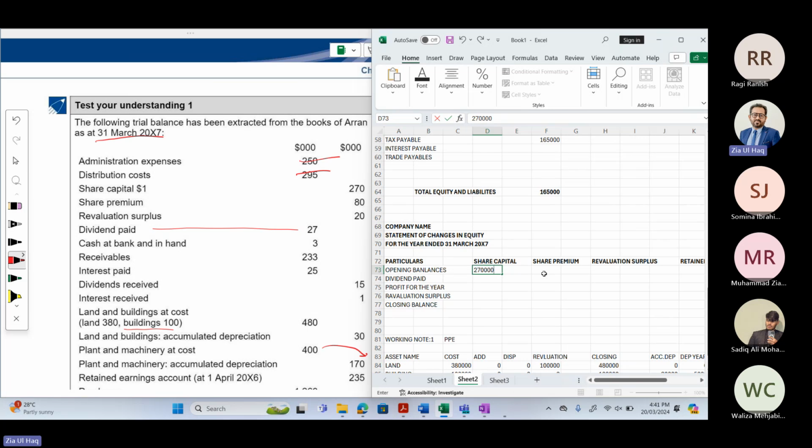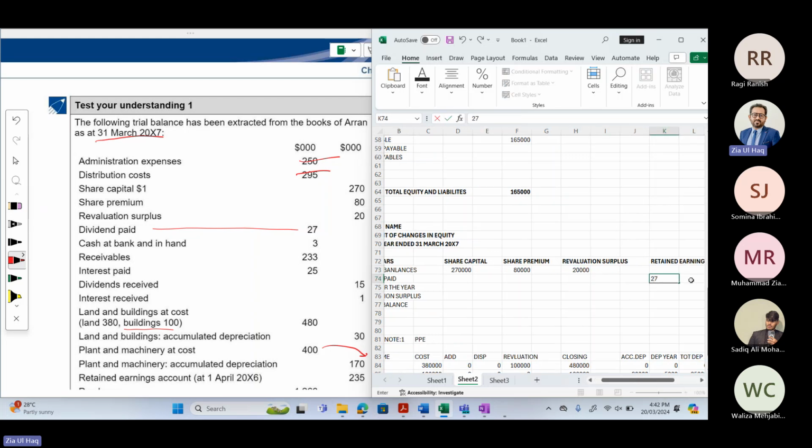Share premium 80,000. Revaluation surplus 20,000. Dividend paid is 27,000. So dividend paid will be deducted from retained earnings. How much is that? 27,000.